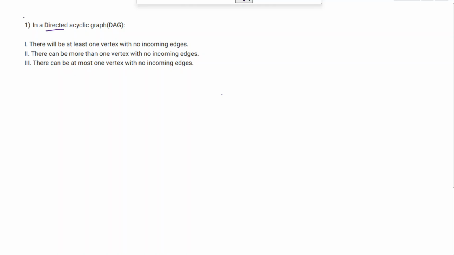all edges are directed. So suppose you have something like this, 1 to 2 and then 2 to 3, right? So there should be a vertex, at least one vertex, which has no incoming edges, right?